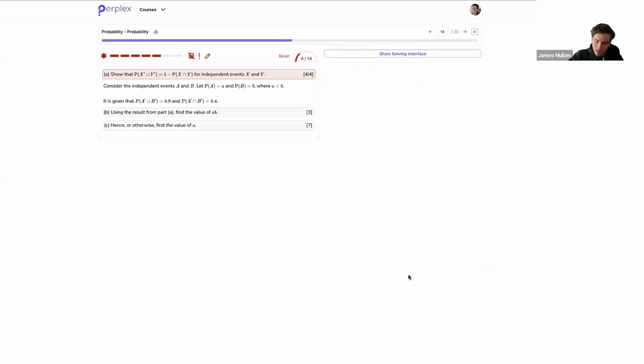We know that P of A prime union B prime is equal to 0.9. And I can say that that's equal to P of A prime plus P of B prime minus P of A prime intersection B prime. So far, that's just me using the definition of the union.